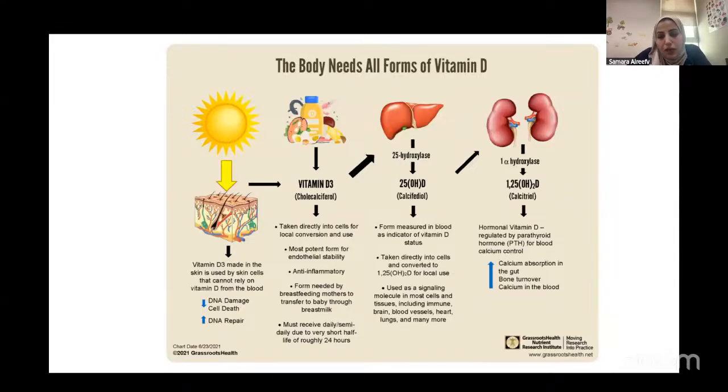Now, vitamin D is essential for our body in its different states, mostly important for calcium absorption and bone turnover.